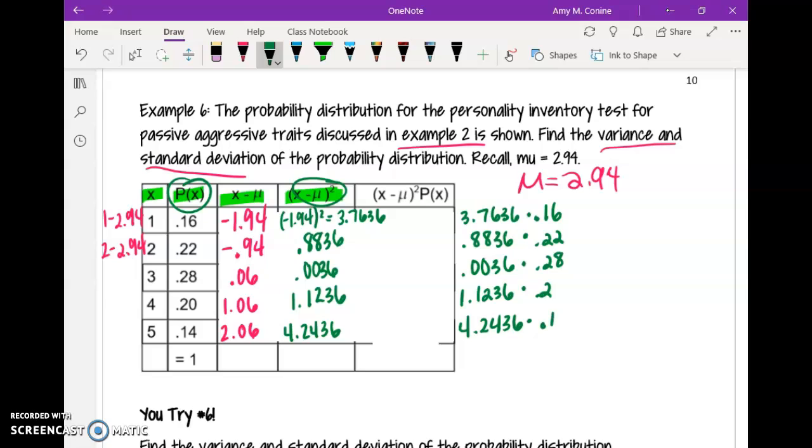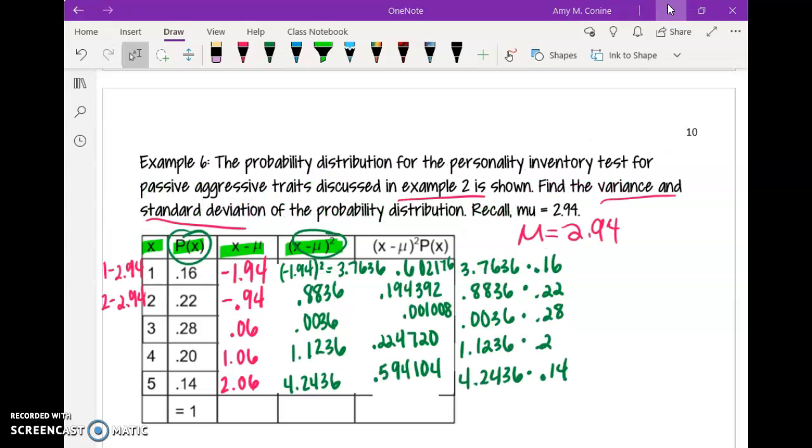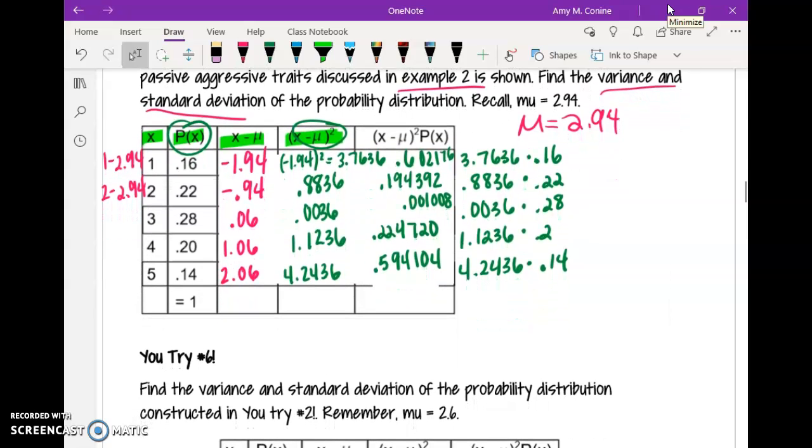I'll let you do the calculations in the calculator real quick, and I'll show my answers. Once you have your last column, all of your decimals, check them and make sure they're right. Go ahead and add them up.